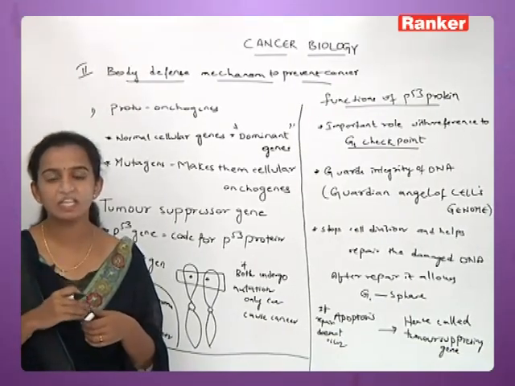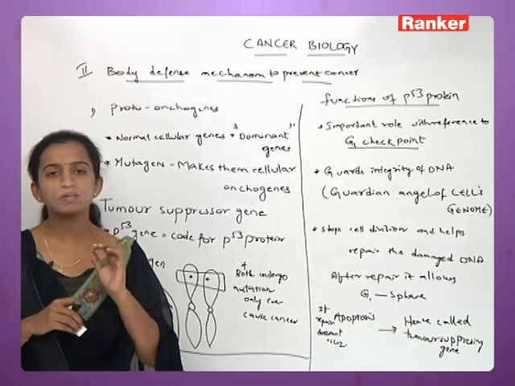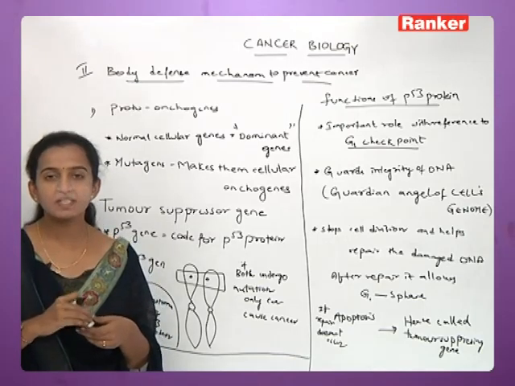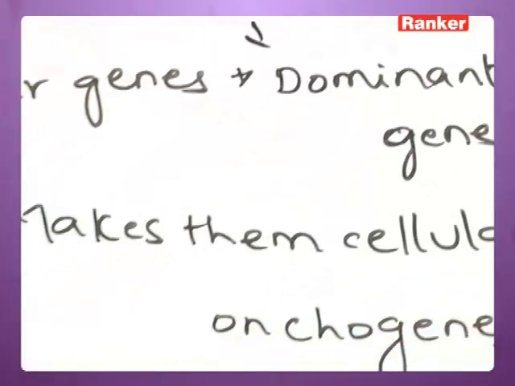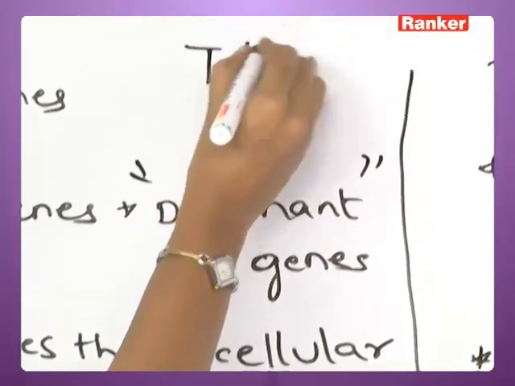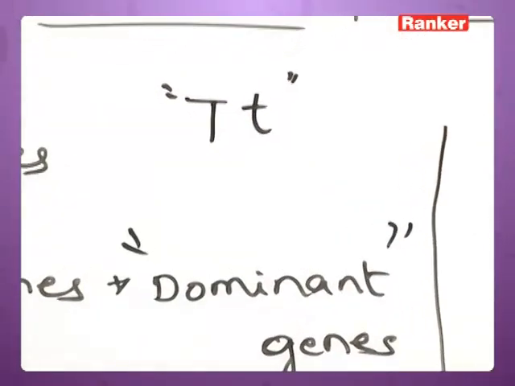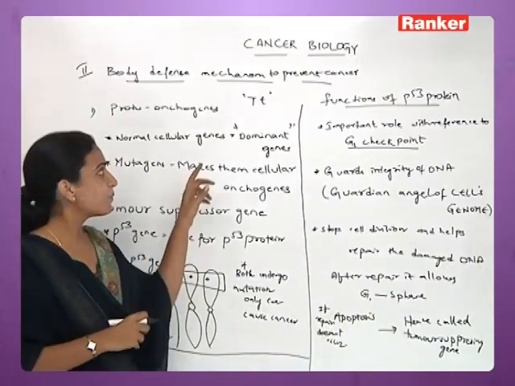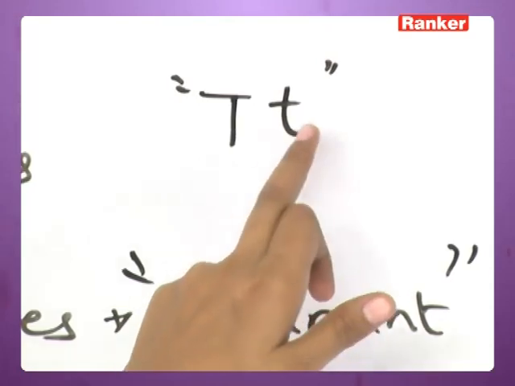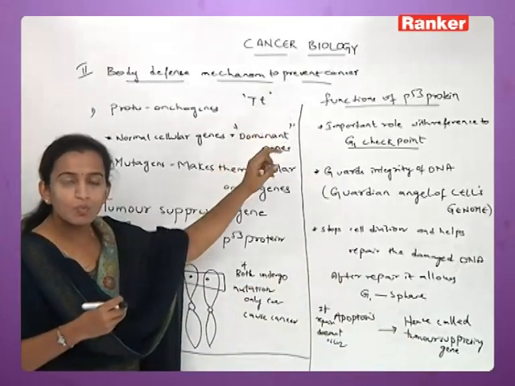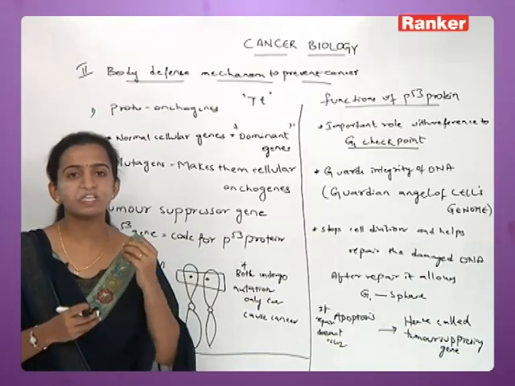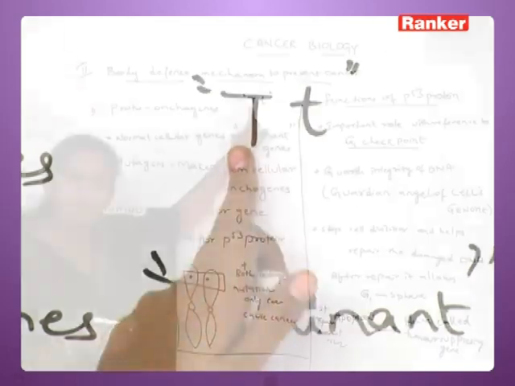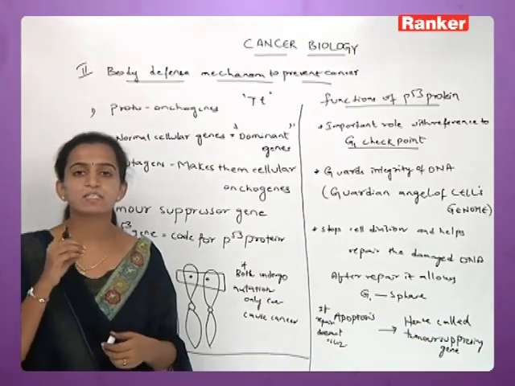We have already seen in the heredity chapter that if one dominant gene is present, there is no work for the recessive genes. Let's take an example. In the normal example from our heredity chapter, the tall plant in Mendel's experiments, there is a dominant T and a small t, but the physical character, the phenotype, you see is a tall plant.